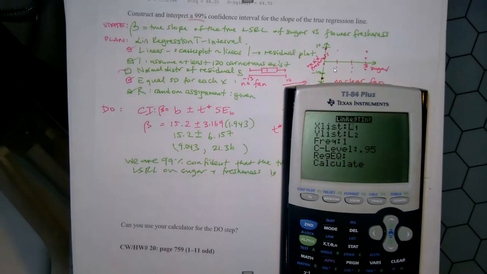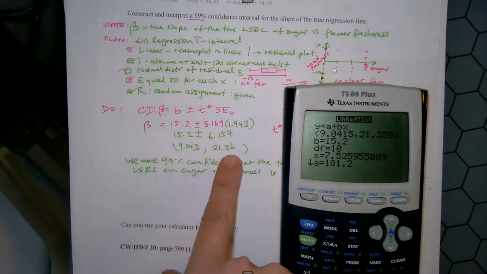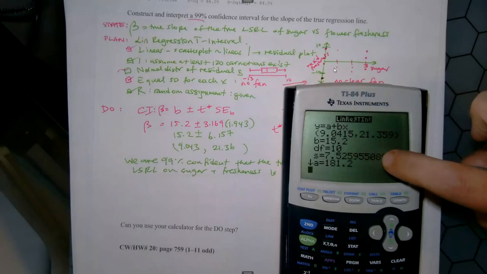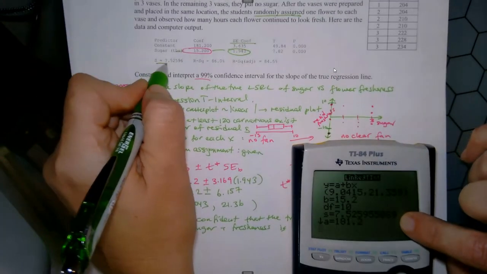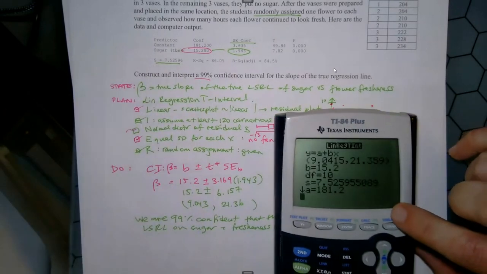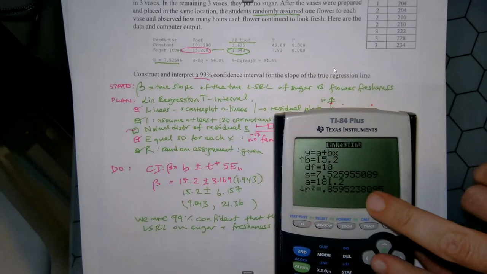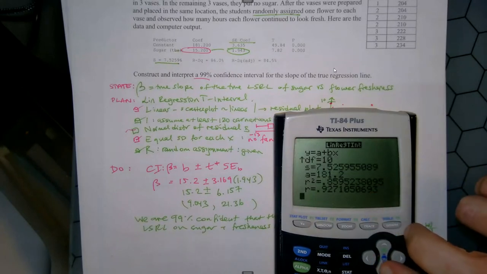List 1, list 2, 99. .04, 21.359. Slope, degree of freedom, standard error, y-intercept, r squared, r.